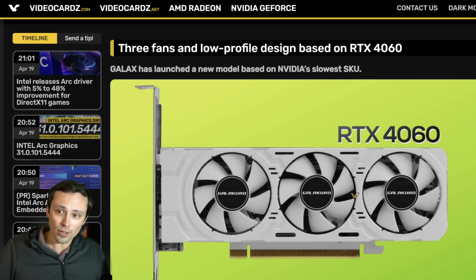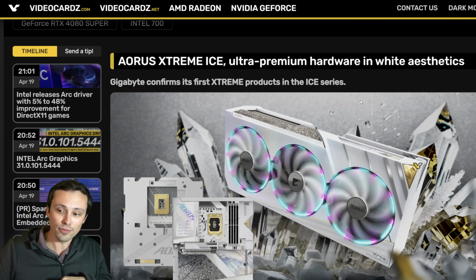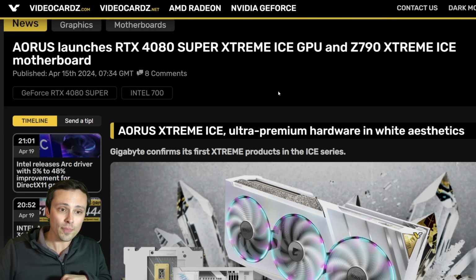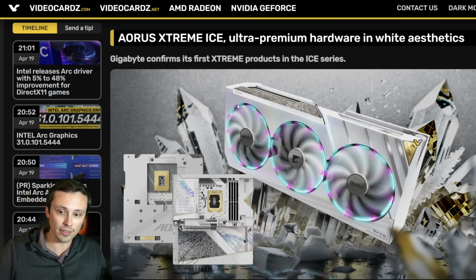And then also, just in other white GPU news, although no longer small form factor, we are seeing Aorus, or Aorus, I never am confident on that, but Gigabyte's high-end line, launching an RTX 4080 Super Extreme Ice GPU, as well as a Z790 Extreme Ice motherboard that could match.